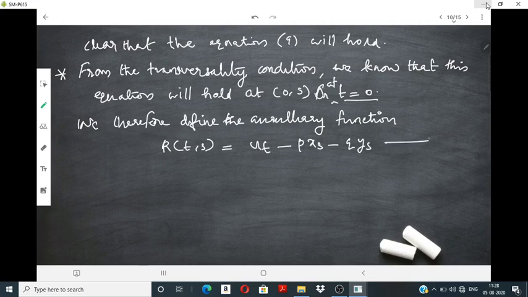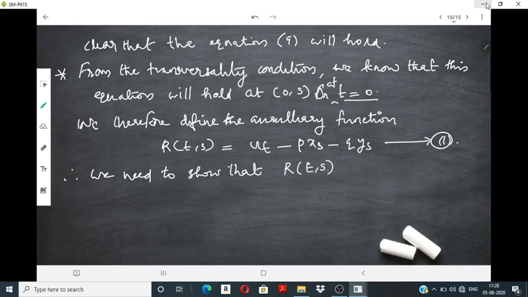Let this be equation number 11. In order to show that u_t equals p x_s plus q y_s, we need to show that r of t is equal to 0.